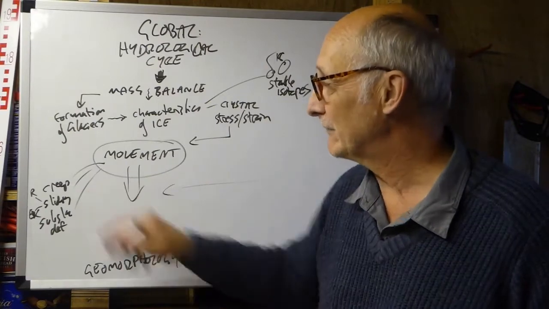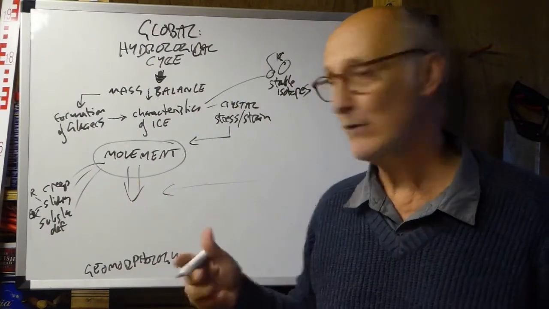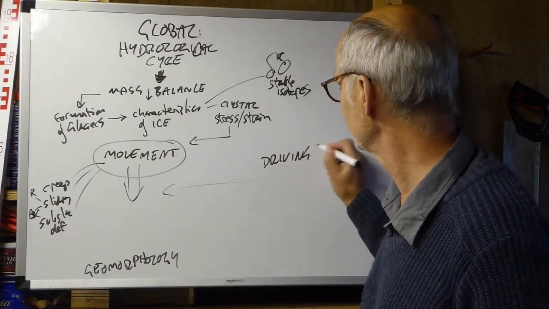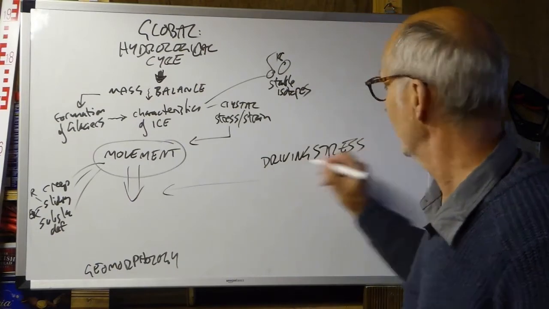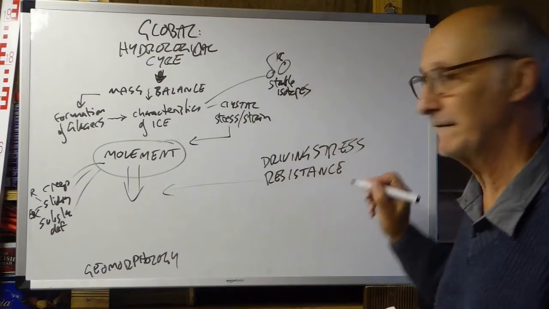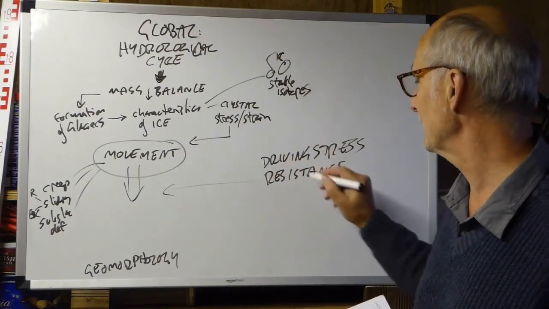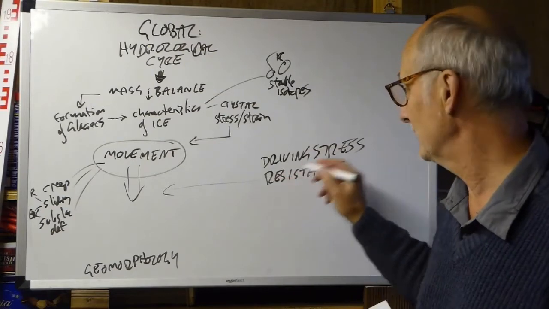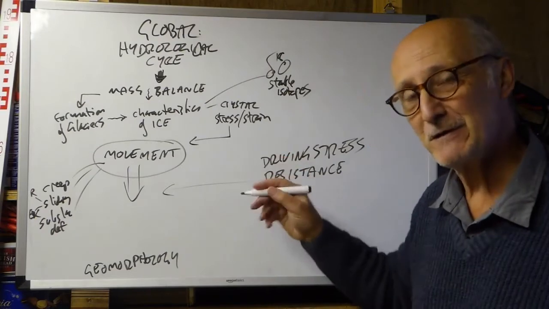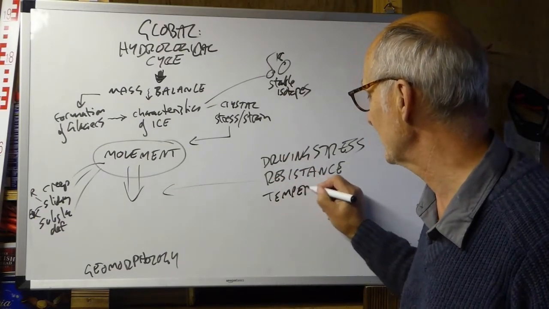So we identified, when talking about creep, sliding, substrate deformation, all sorts of different controlling factors. On one hand, we have things like the driving stress, and we have the resistance there, things like friction and cohesion of a subglacial sediment. And we began to recognise that the relationship between the driving stress and the resistance is dependent on things like temperature.